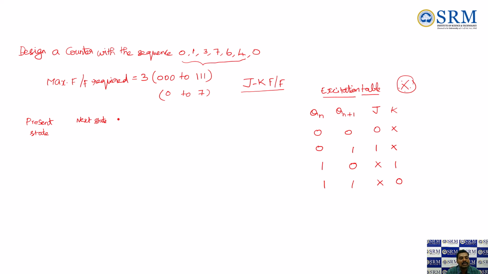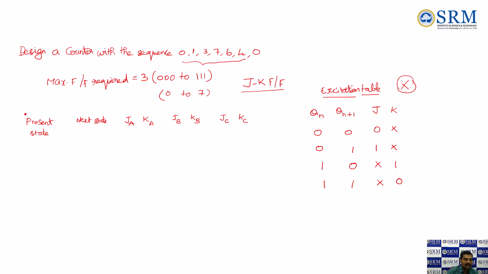then we have, so we analyzed 3 flip-flops are required. So I'm writing JAKA, JBKB, and then JCKC.